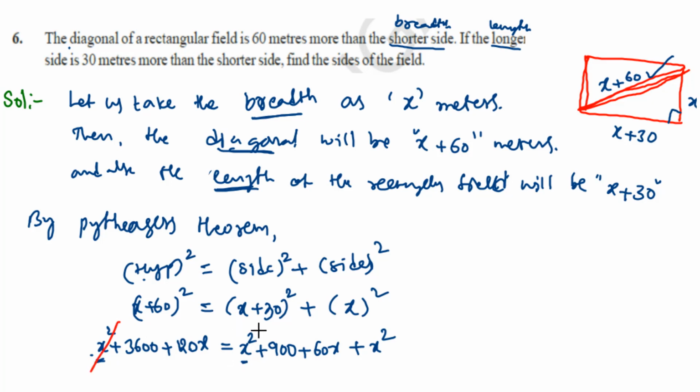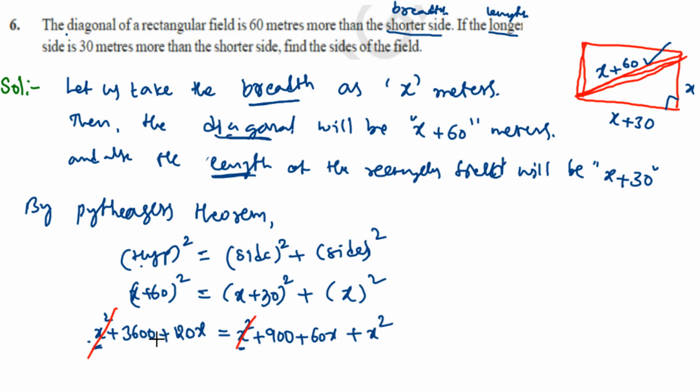And next, let us transpose these two terms to this side. So here we are left with 0, and here write the highest degree term first, that is x square. Next plus 60x, and here we have the like term of this 60x as 120x. So by transposing this to this side, we get minus 120x, and next we have plus 900, and the next constant term, plus 3600.